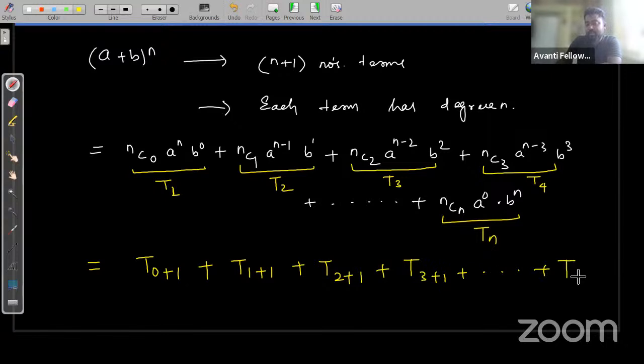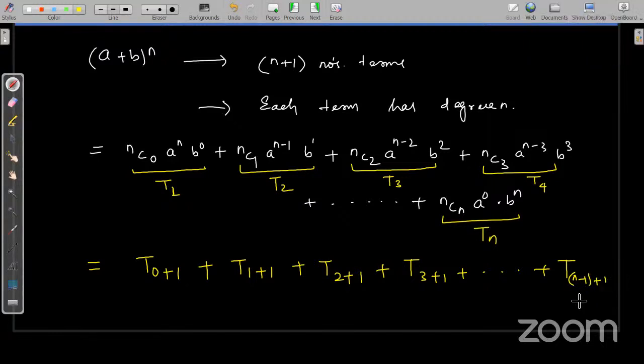Tn can be written as t(r plus 1), or t(n minus 1) plus 1. Okay, clear?